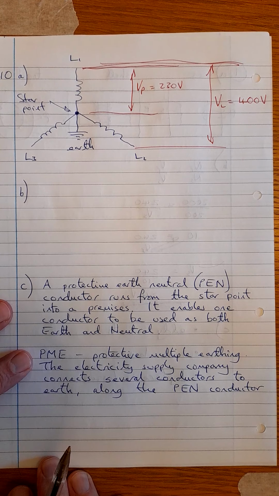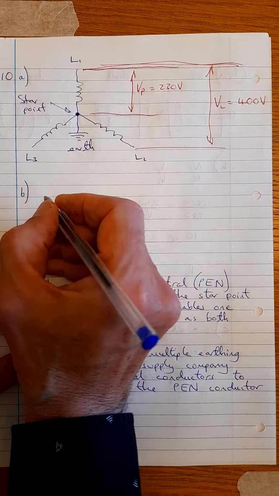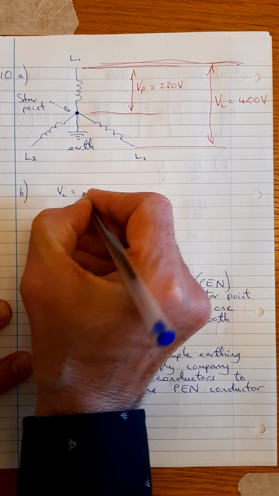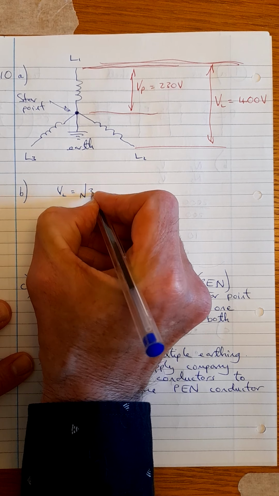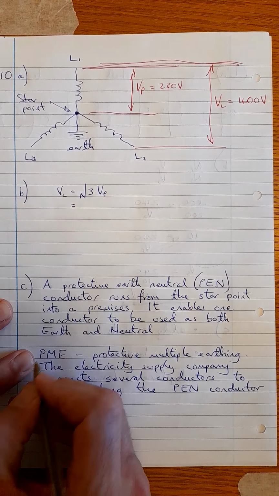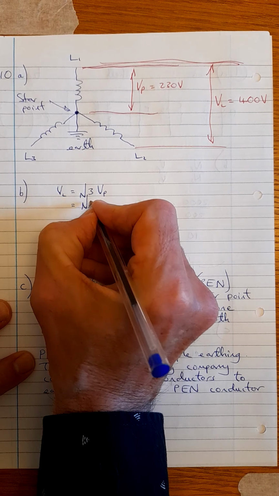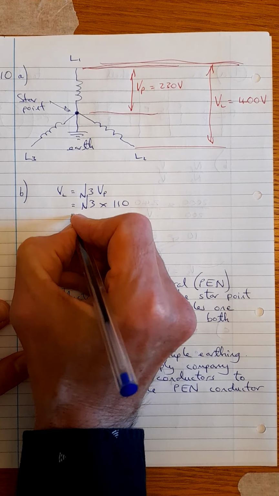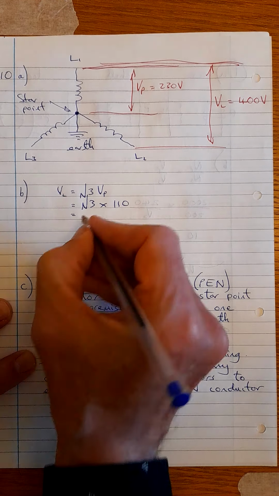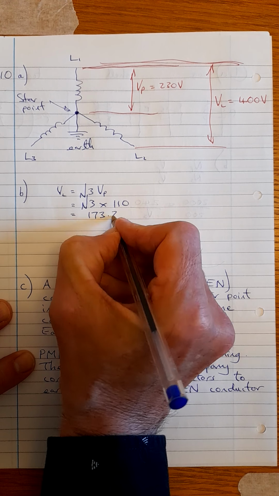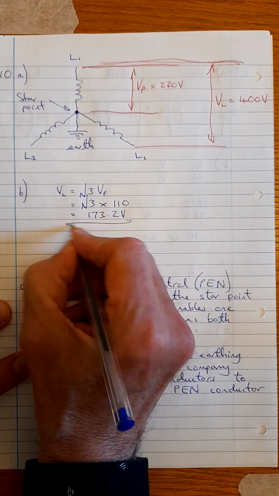So, swiftly moving on. 10b, you have another calculation to do. So it's about a star system, and you need the formula VL equals root 3 VP. Put the numbers in that you know. So root 3 times 110 will give you 173.2 volts.